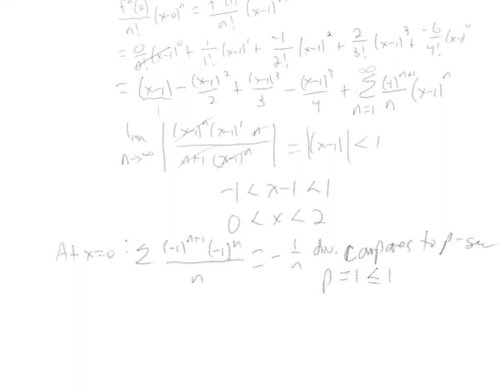I'm going to put 2 in, the other end of the interval. And if I put 2 in, I get negative 1 to the n plus 1, 2 minus 1. Okay, so 2 minus 1 is 1 over n. This one converges, alternating series, terms approach 0.